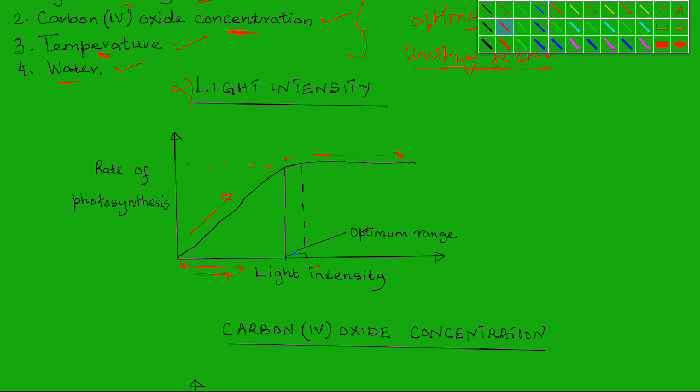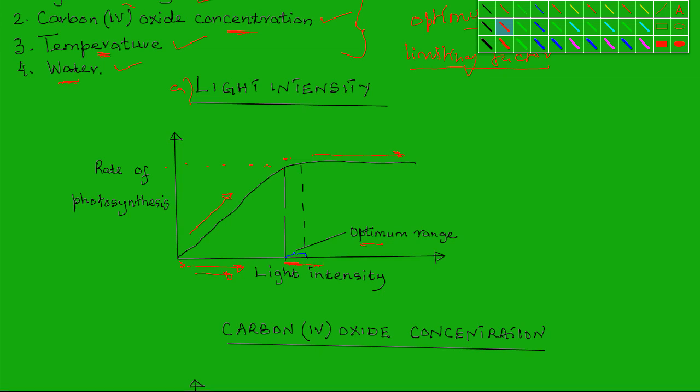Now, turning to the second factor, that is carbon dioxide concentration. Under normal conditions, the concentration of carbon dioxide in the atmosphere is about 0.04%. There may be occasional small fluctuations, either rising above or below the 0.04%.